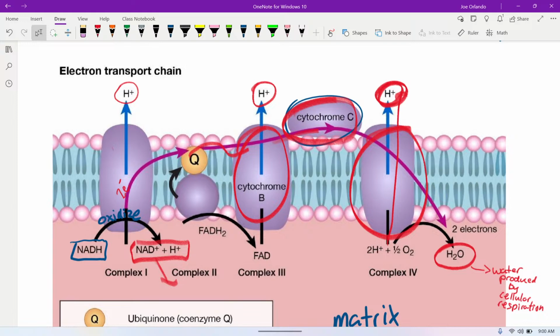So we are pumping H plus ions outside of the matrix, and then at the same time, we are getting rid of H plus ions inside the matrix. You see that there? We're using the energy from NADH to pump 3 H plus ions up out of the membrane, and at the same time, to get rid of 2 H plus ions from inside.